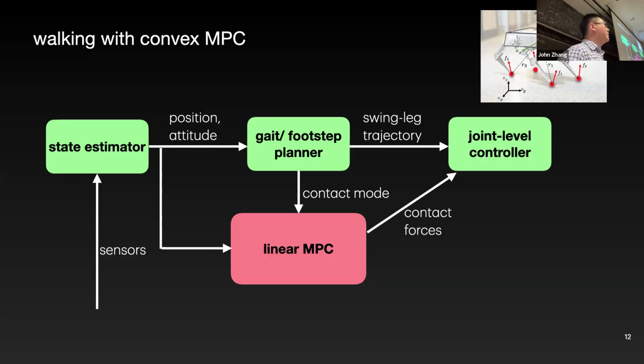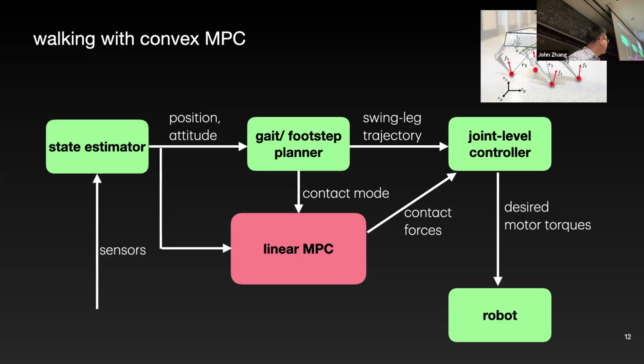And eventually you have a joint level controller that maps the contact forces you expect from your feet into executable joint level motor torques. You essentially have some inverse kinematic mapping from your feet to all the joint torques. Then finally you send the torques to your robot, and your robot gives back sensor data: joint encoders, IMUs, foot contact flags or force sensors potentially, and then you do estimation all over again.